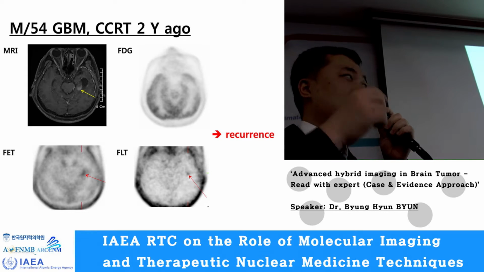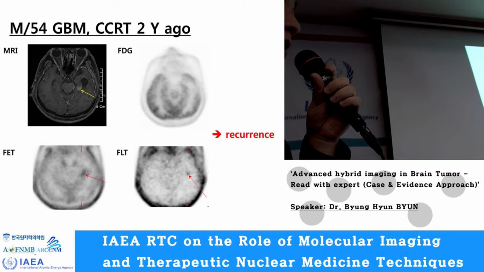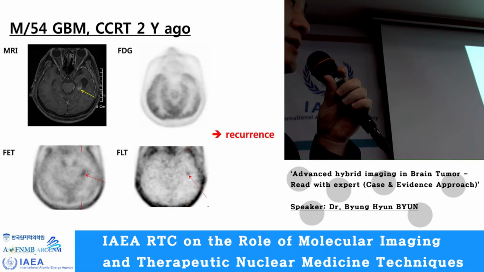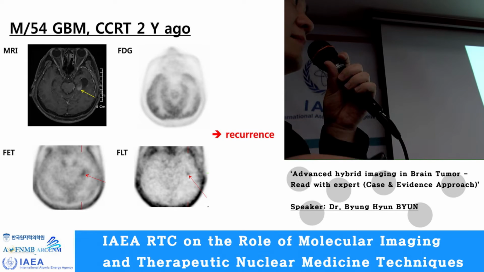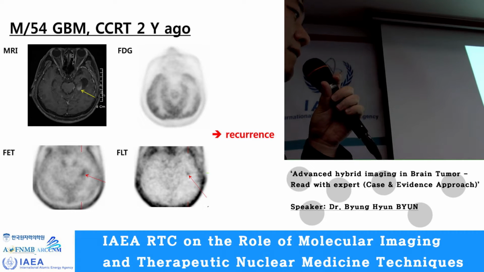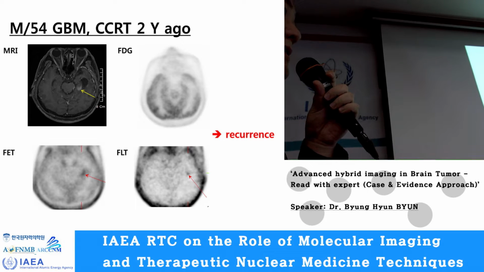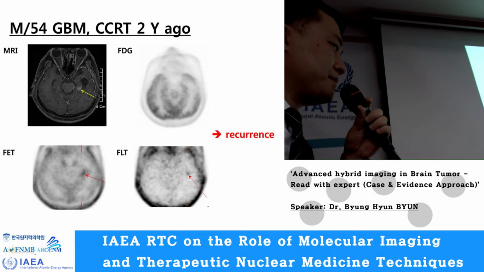The size is not so large, but it is suspected. FDG PET did not show significant increased uptake at this site, but FET PET and FLT PET showed focal increased uptake at this region, and the region was confirmed as recurrence.